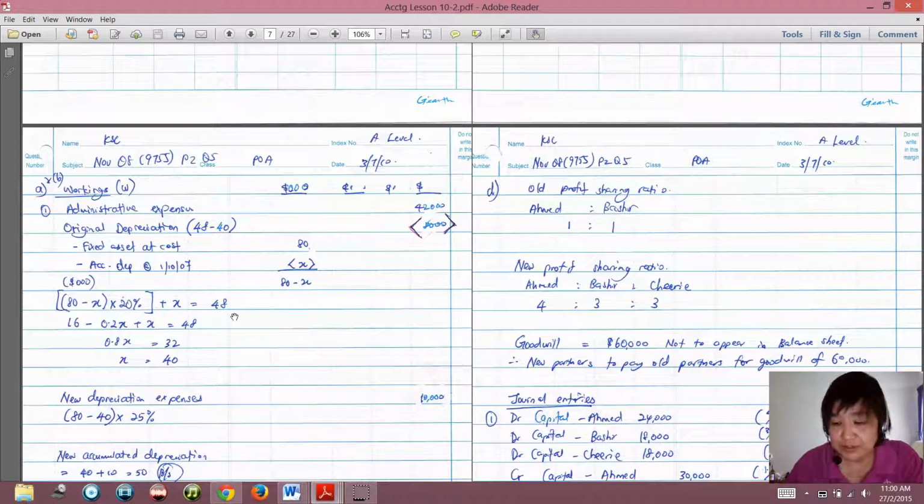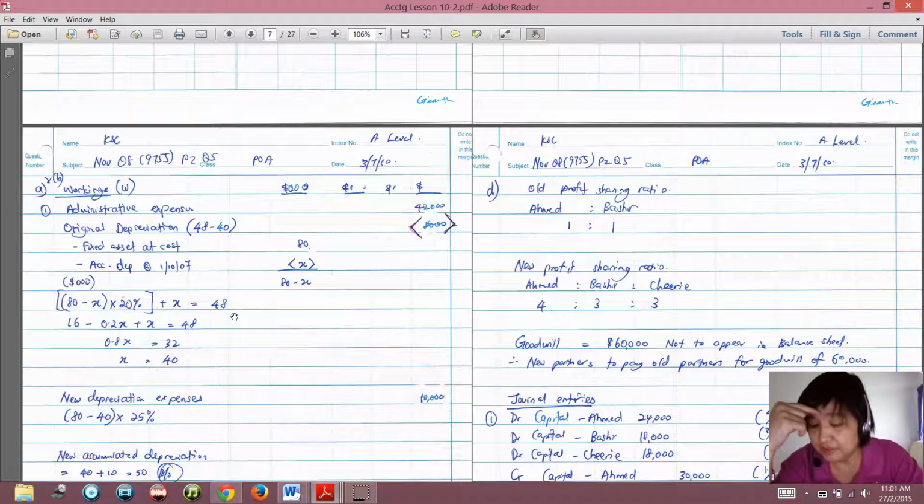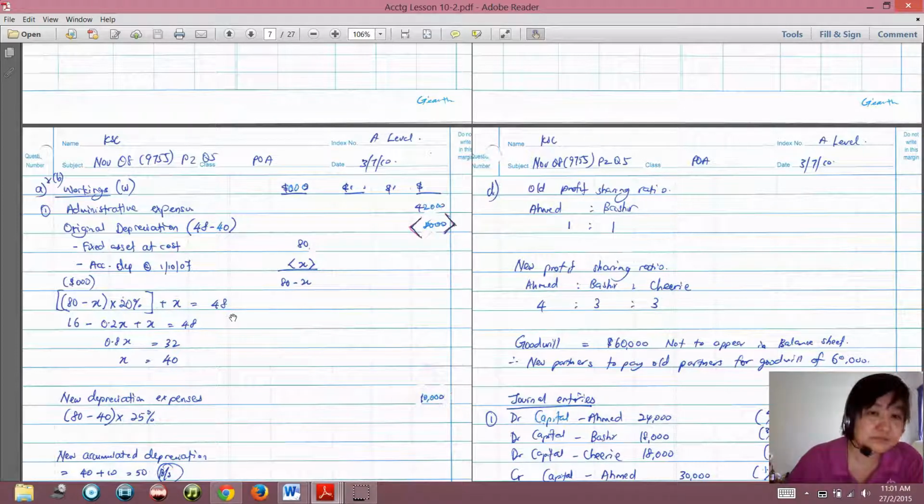Because the question says the accumulated depreciation, note 1, is 48,000, and this 48,000 includes this year's depreciation, which is charged at 20% using the reducing balance method. So that's how I derive this equation.